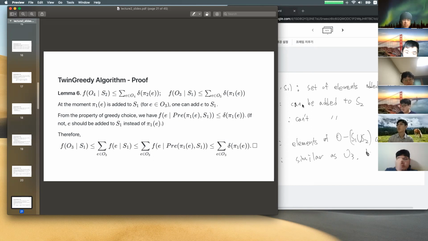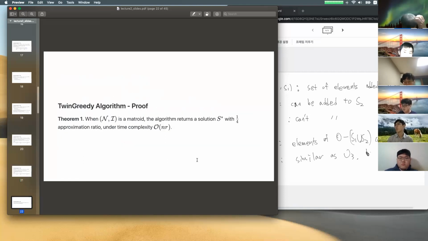So we again use the greedy choice property, and we get this. We again use computation to finish the proof. And so we have gone through one of the main theorems.